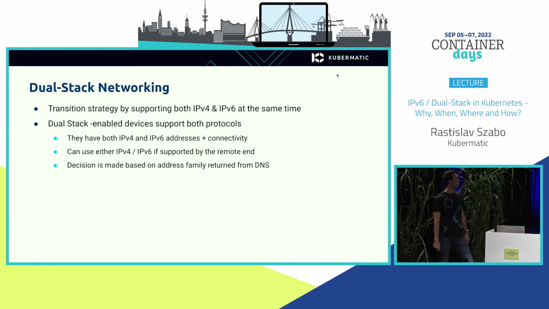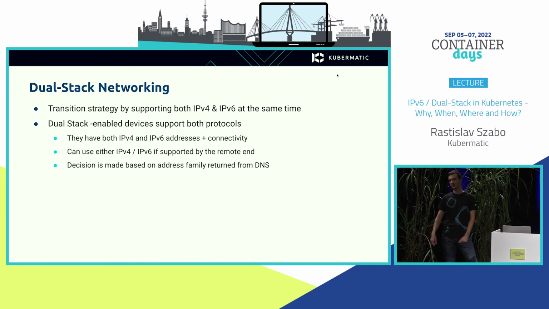The decision is usually made based on the address family returned from DNS. Whenever I, as a client, access a web service, I would use some domain name. There would be a DNS translation, and I would get a DNS reply. If the DNS reply contains only an IPv4 address, I would use IPv4 to connect.